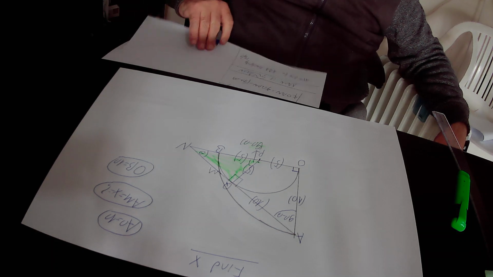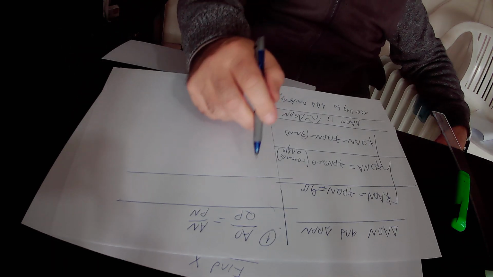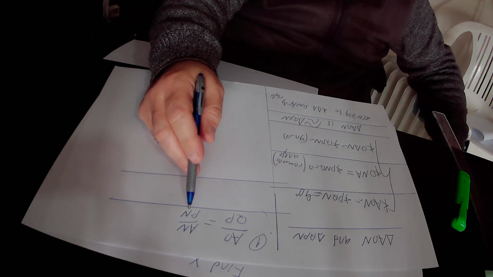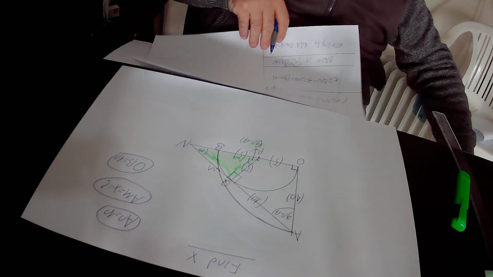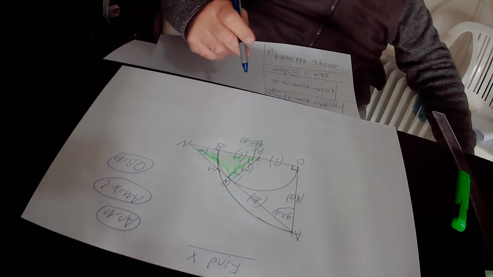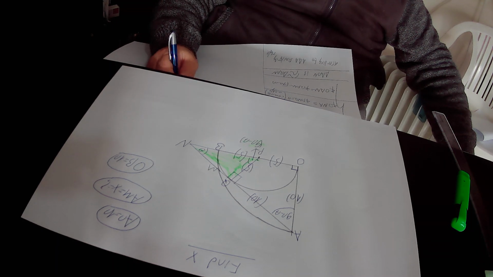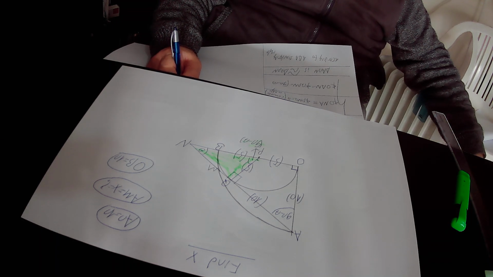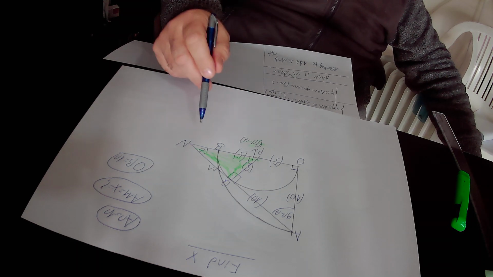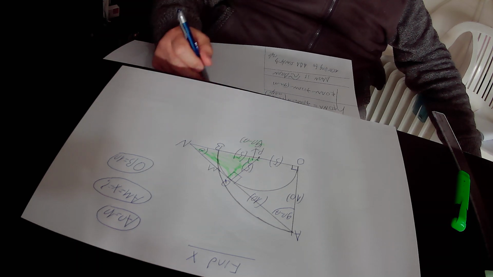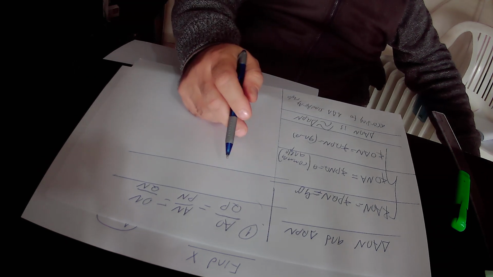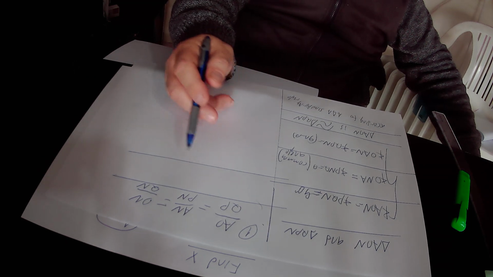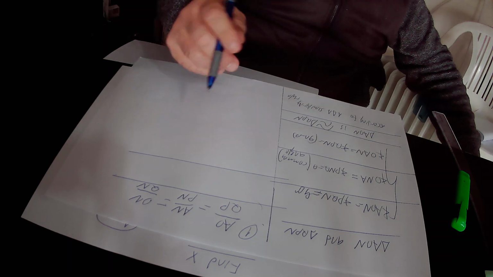We derive that AO over QP equals AN over PN, and it also equals side ON in the big right triangle AON over side QN in the small green triangle QPN. AO over QP equals AN over PN equals ON over QN.